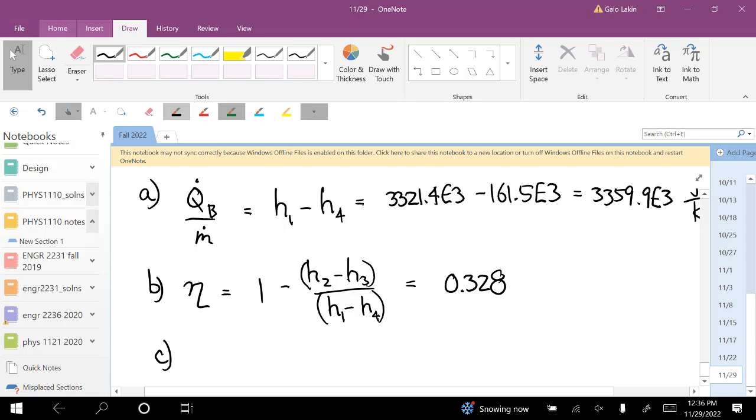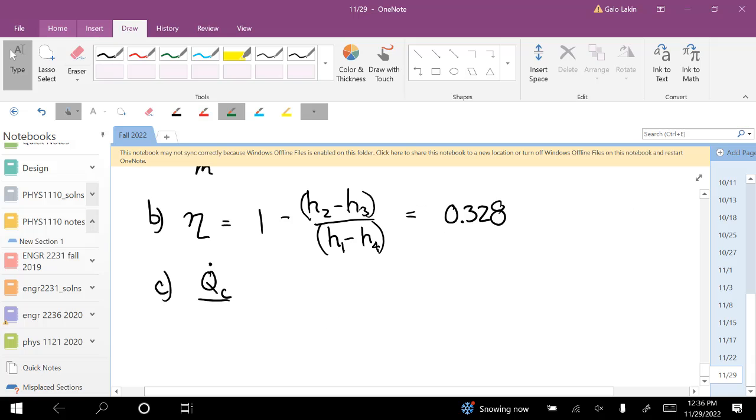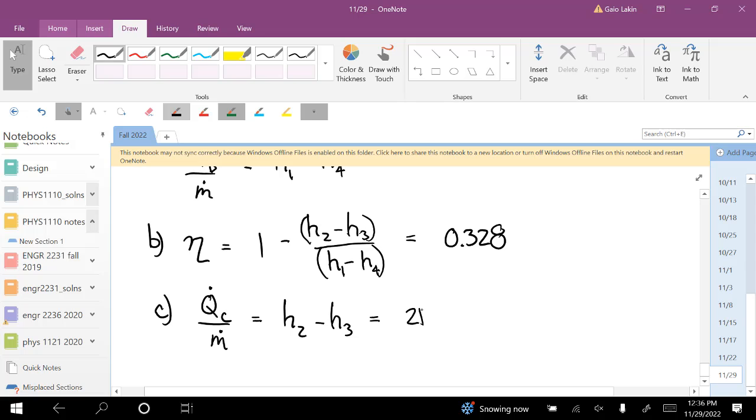And then C, we want to calculate Q dot at the condenser divided by M dot. That's H2 minus H3. Plug those in and you get 2120.2 times 10 to the third joules per kilogram.